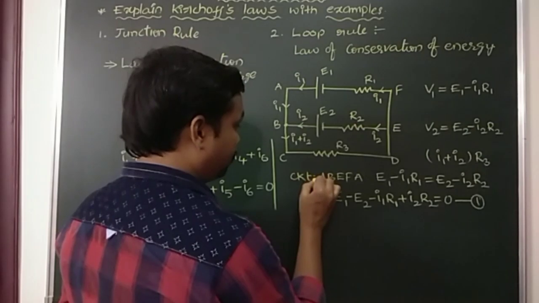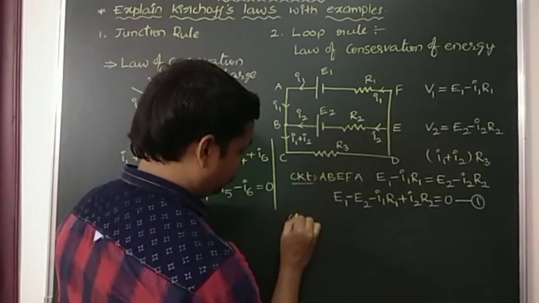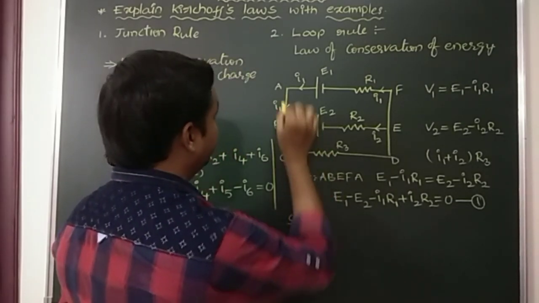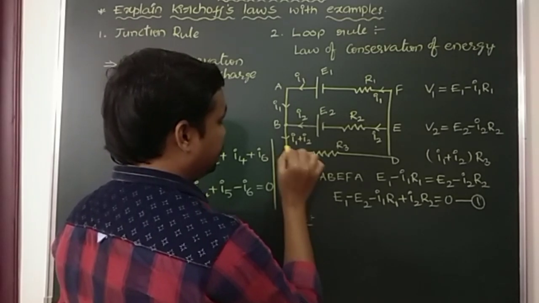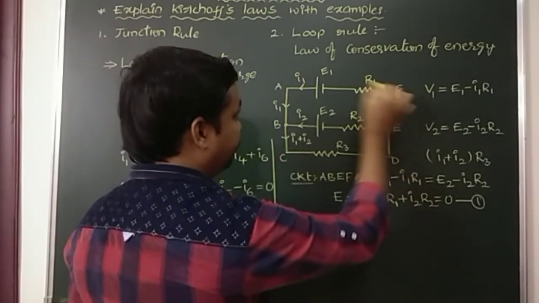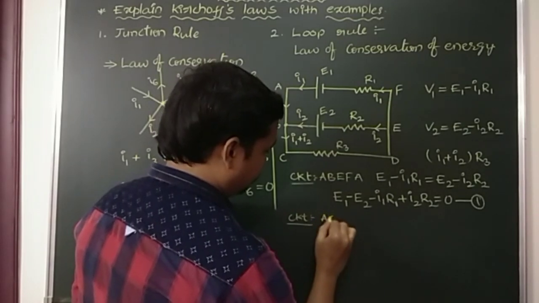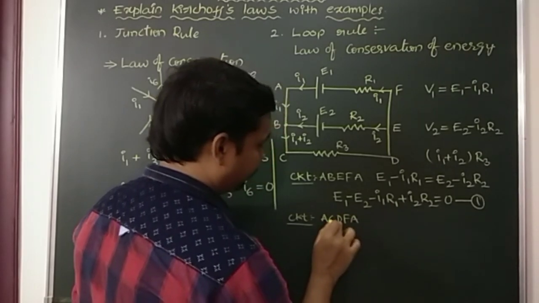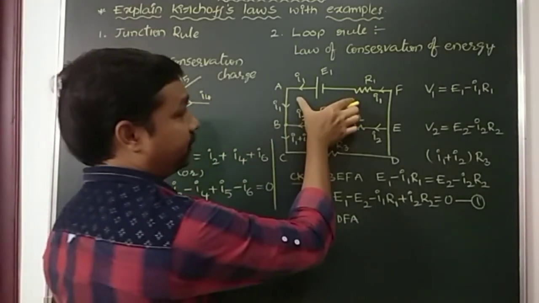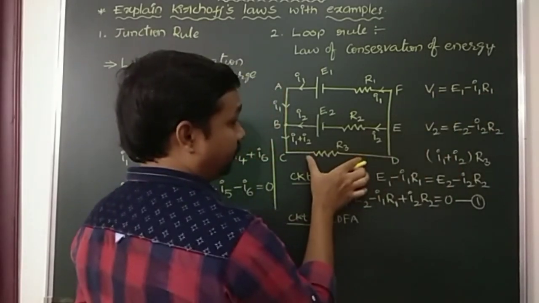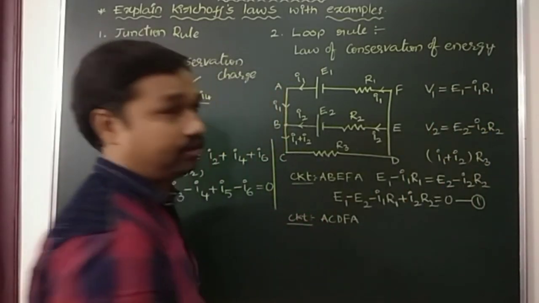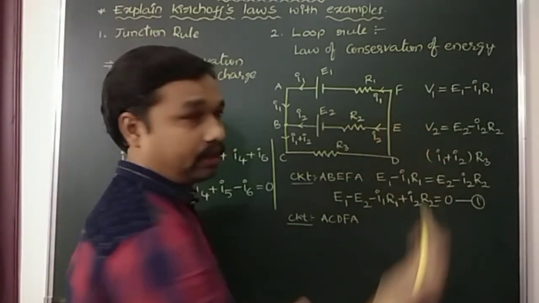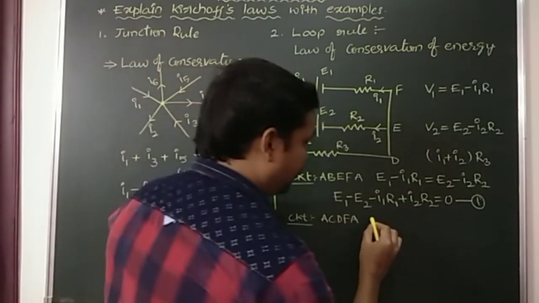And you can take one more circuit, circuit 2: A, C, D, F, A. What is the potential difference here? What is the potential here? We can make them equal, or else V1 minus this equals 0. You can take any one of the conditions.